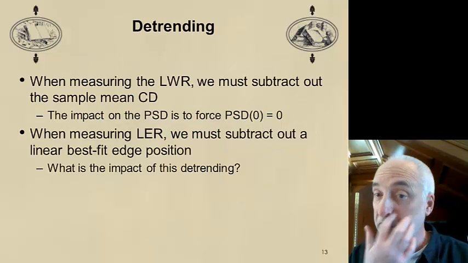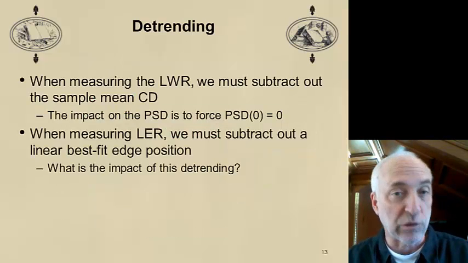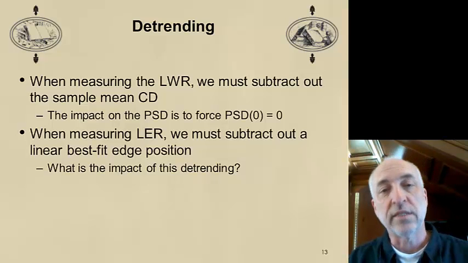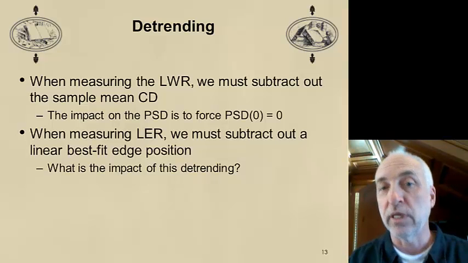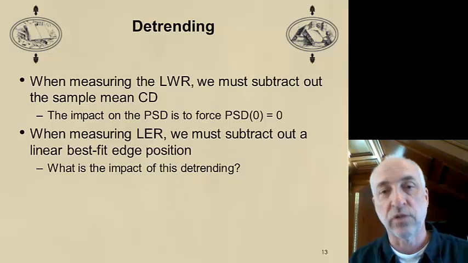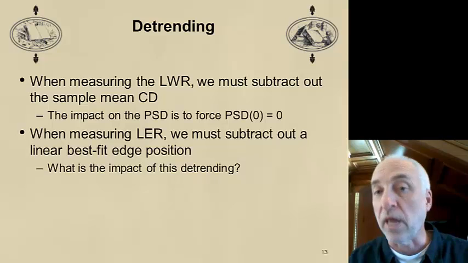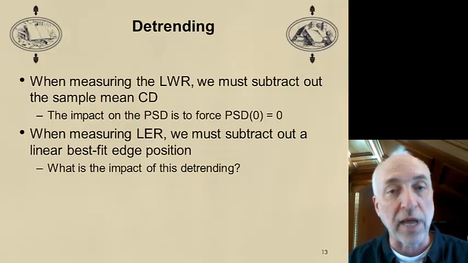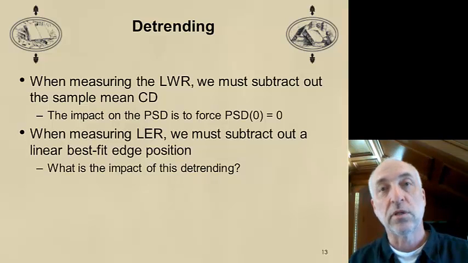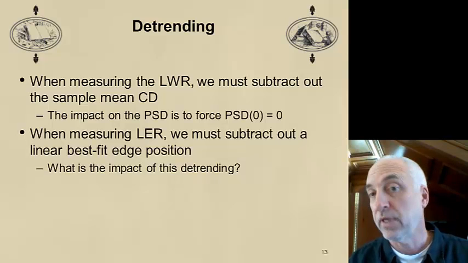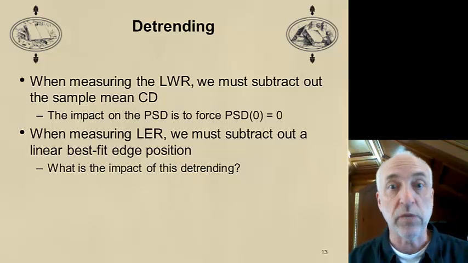Now, another issue to worry about is something called detrending. Ideally, if we were going to make a measurement of line width roughness, that's the deviation between the measured line width and the true line width, we would need to know the true line width. That is, the mean value of the line width for an infinitely long line. Unfortunately, we don't know that.